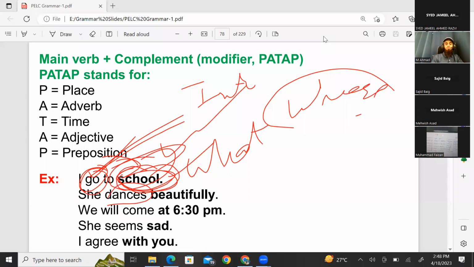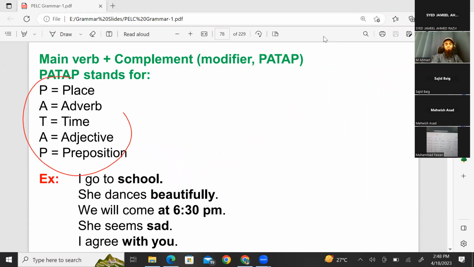She dances beautifully. She dances, all right. Beautifully is the adverb, and school is the place. Now, if you use these things, PATP, right, then mostly that would be an intransitive verb. Sometimes the object is used, sometimes not.